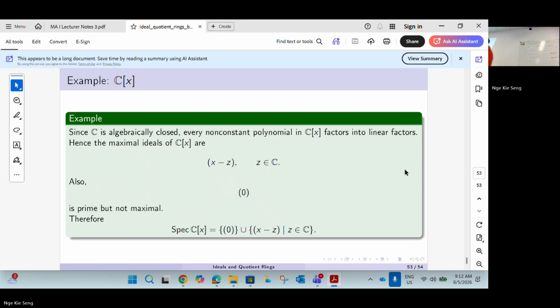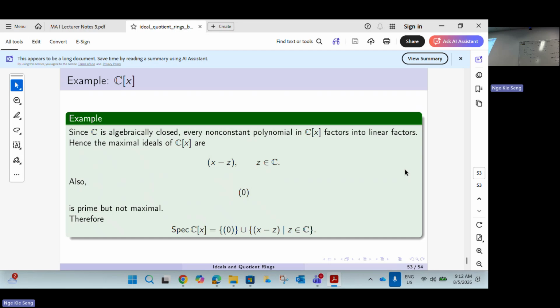Example for the complex polynomial ring. Every nonzero prime ideal is maximal. What does this mean?